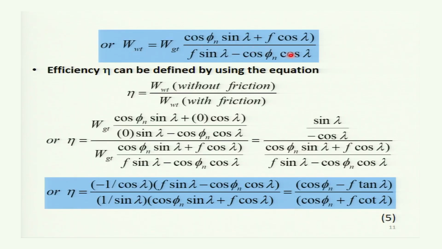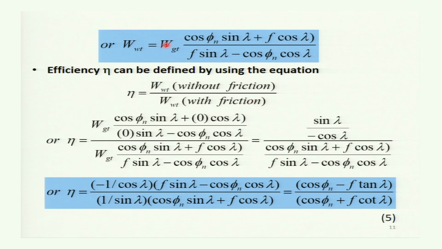This is given here again, and from this we can find the efficiency, because of the sliding motion between the worm and the worm gear, the efficiency term will come. The efficiency is tangential force on the worm without friction divided by tangential force on the worm with friction.